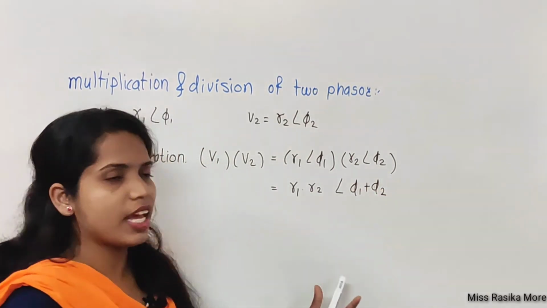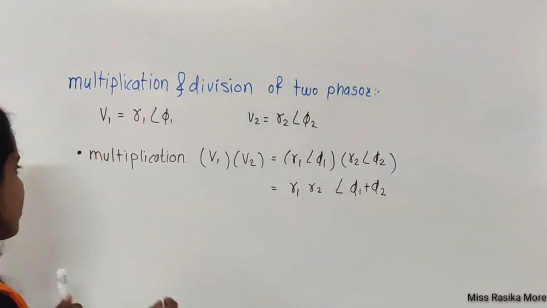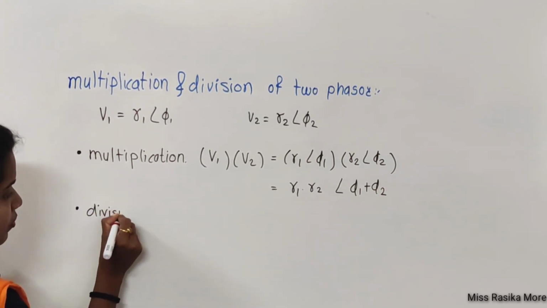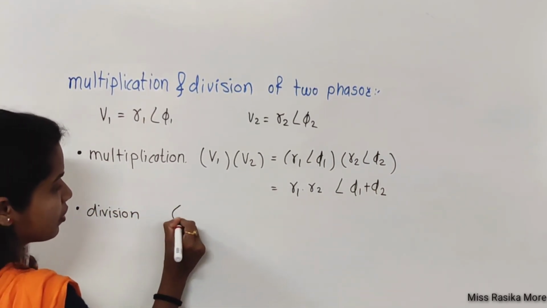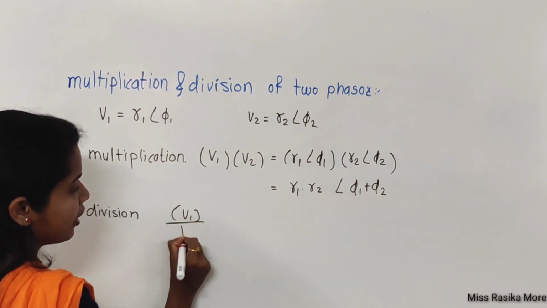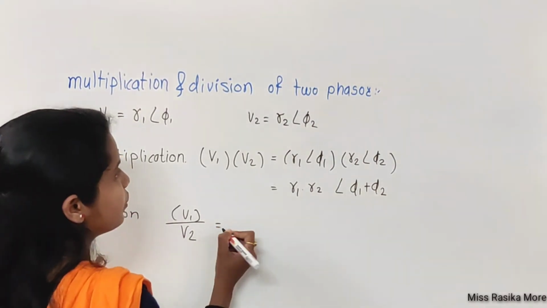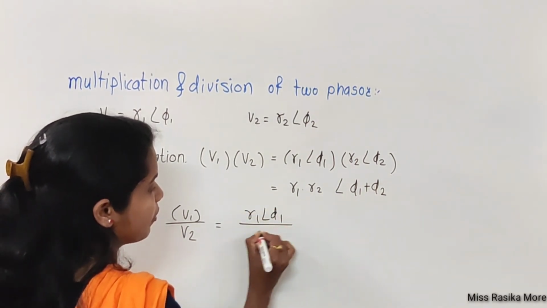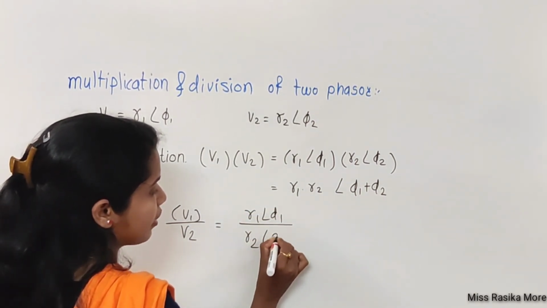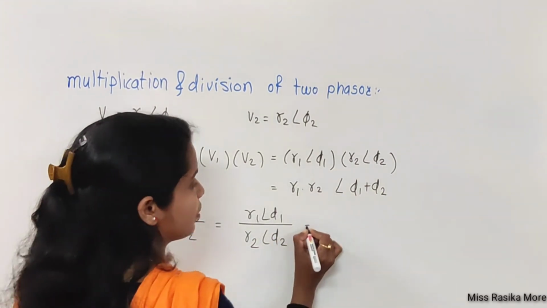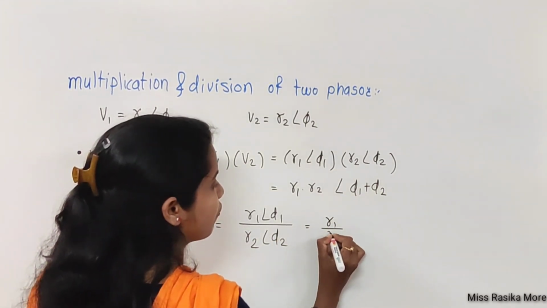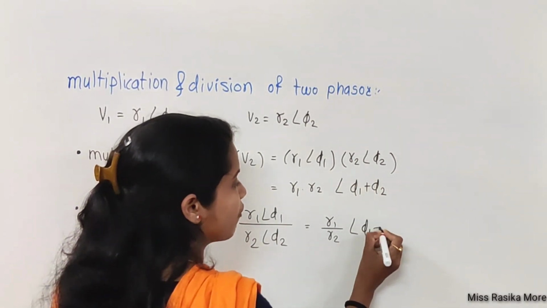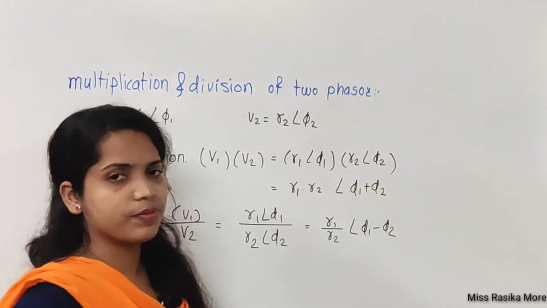In multiplication, angles get added. And for division, v1 divided by v2 is equal to r1 at an angle phi 1 divided by r2 at an angle phi 2. So here the magnitudes are r1 divided by r2 and the angles get subtracted. So phi 1 minus phi 2.